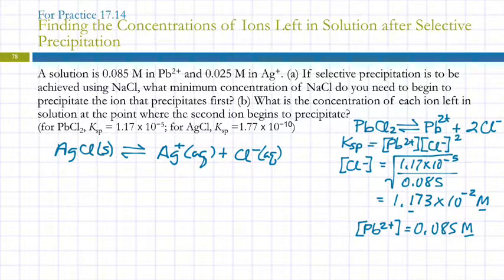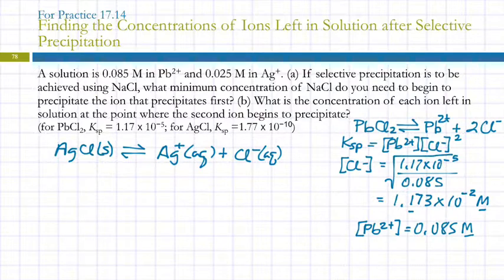Well, let's think about what happens without numbers. So we're adding chloride, and at first nothing happens. And when we get to that first level that I erased, we begin to precipitate the silver. And as we continue adding more chloride ion, more silver ion precipitates, and the chloride concentration really doesn't change much, right? Because it's being precipitated.